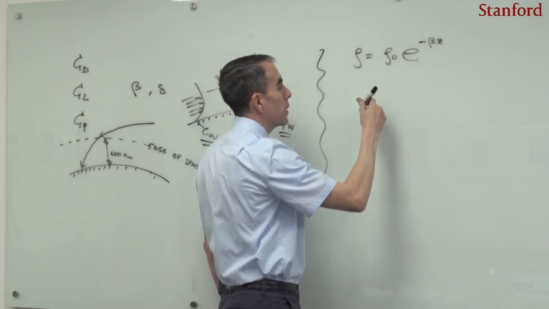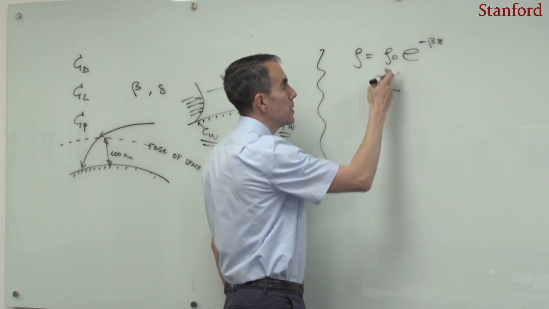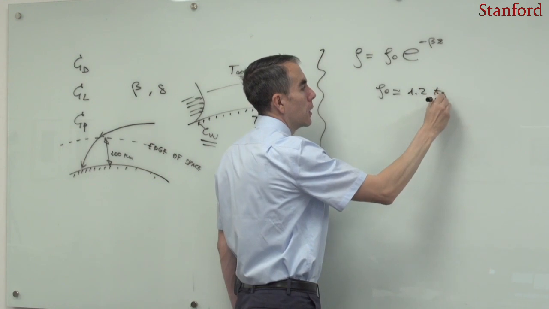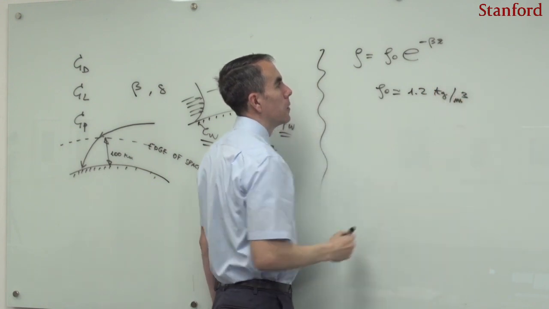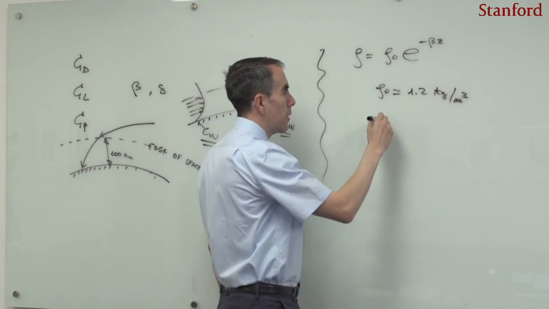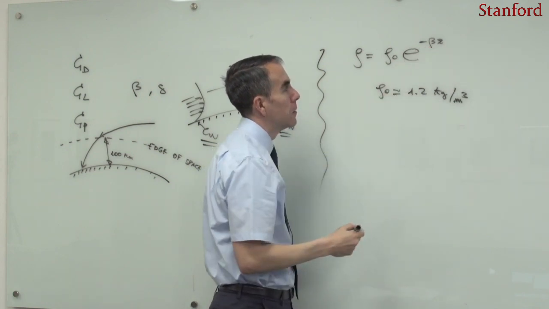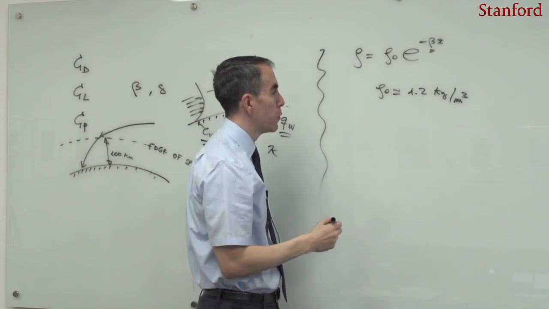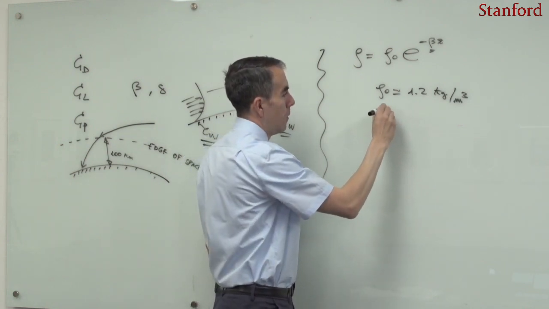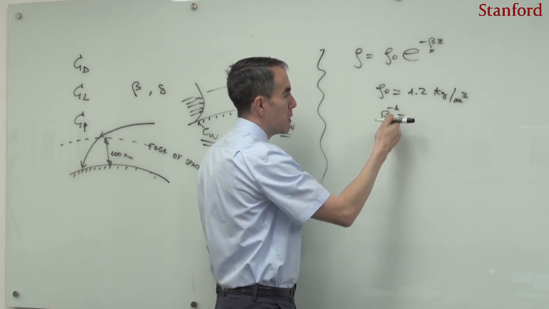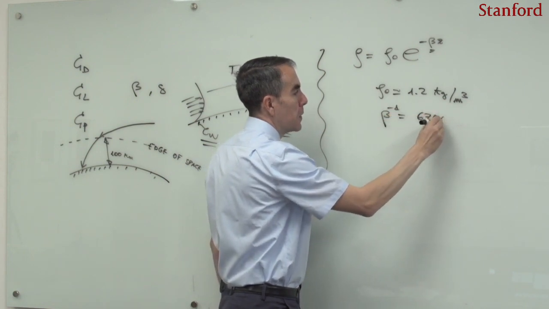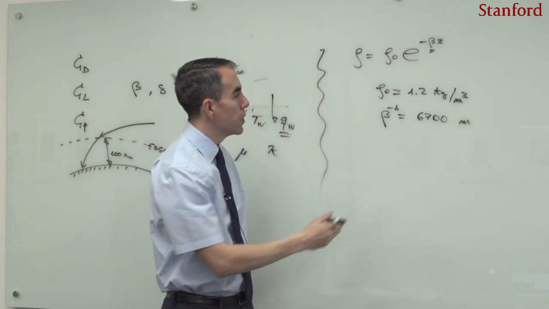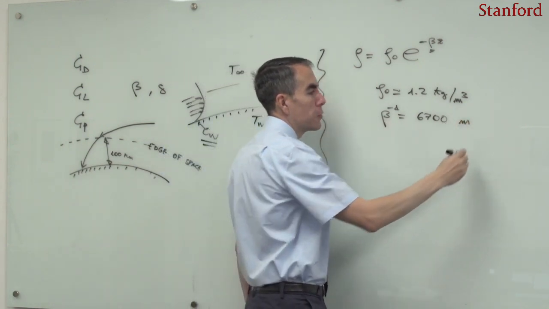This rho naught can be approximated as the density at sea level, which is about 1.2 kilograms per meter cubed. Whereas this prefactor beta has the units of the inverse of an altitude, and the inverse of beta is given by this number here, 6.7 kilometers. So this number, 1 over beta, is called a scale height.